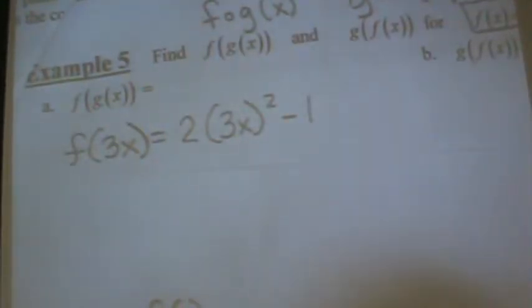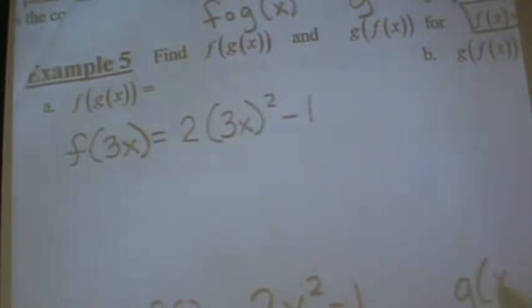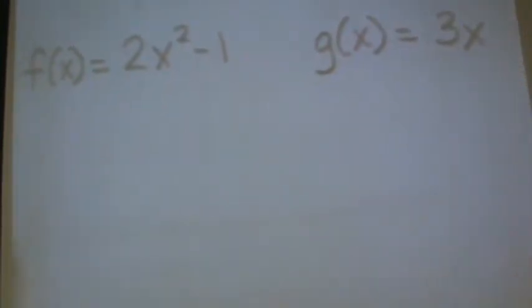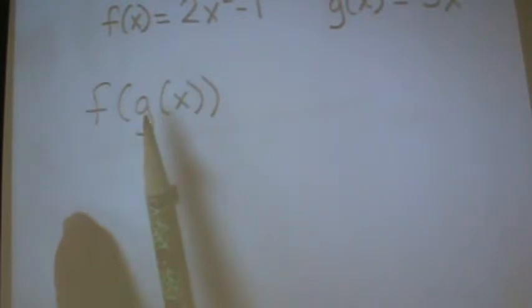So you plugged x into g, and that's where you got 3x. Then the outcome of that, 3x, you plug into the f function. So the f function is 2x squared. Instead of using a number, we have a letter. If I ask you to do f of g of x, it's easier if I show it this way. This goes first, and I like to draw arrows.